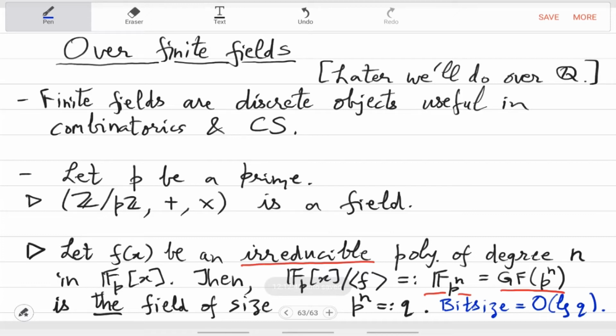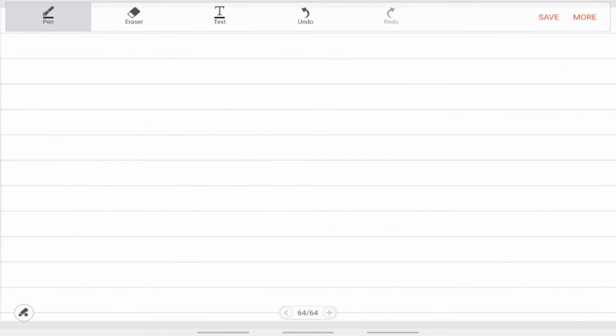This is not abstract. So for example, if you look at x square plus x plus 1 interpreted in F_2[x], then is this polynomial reducible or irreducible?